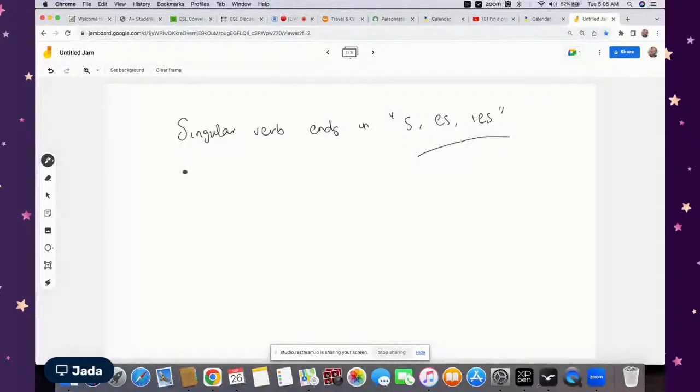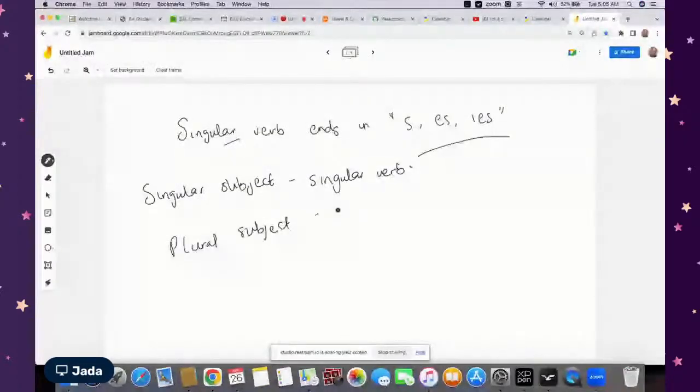And then for singular subjects, you need what? Singular verb. So you cannot have a plural subject and then a singular verb.